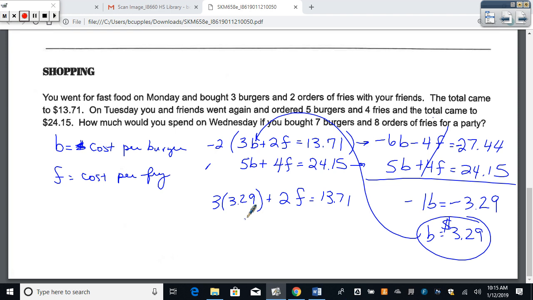If I triple this, we end up with $9.87. If I subtract 9.87, you end up with $3.84. And the cost of the fries is $1.92.